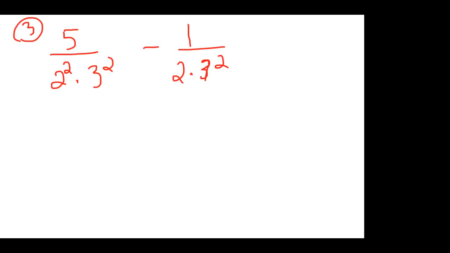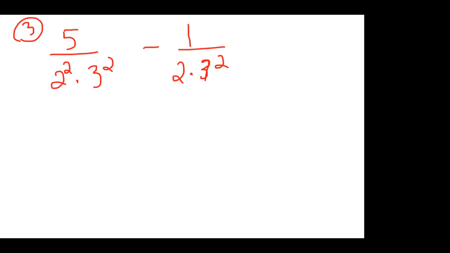So I want you to go ahead and compare these two denominators. So you have 2 squared in the first denominator, but you just have 2 in the second denominator. You want the denominators to be the same thing. So if this one has 2 squared, this one must also have 2 squared.